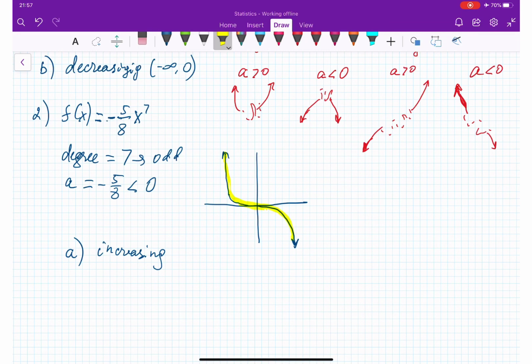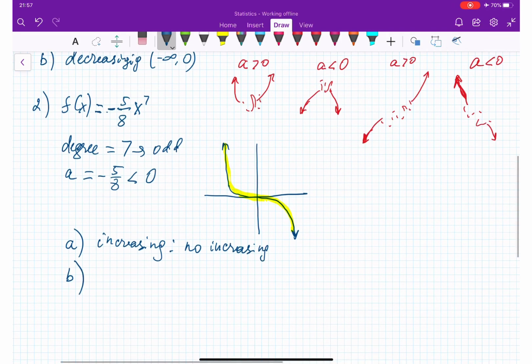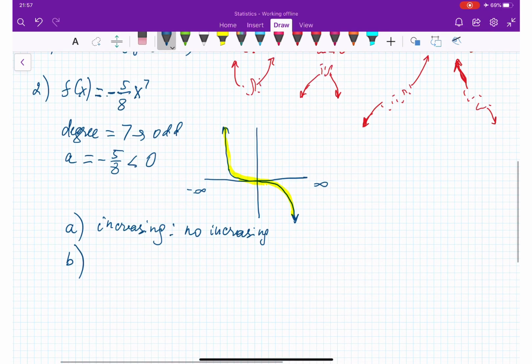So it's not increasing anywhere, right? So we put no increasing. And B, it's decreasing throughout the entire function, which is from negative infinity all the way to positive infinity, correct?